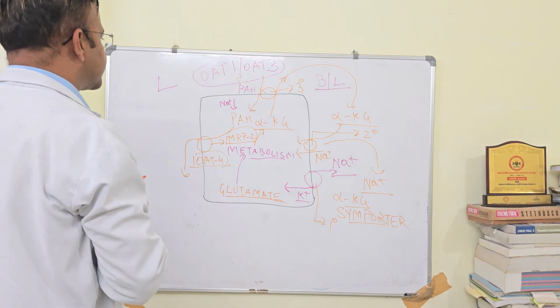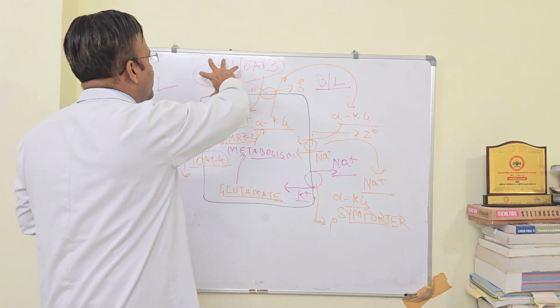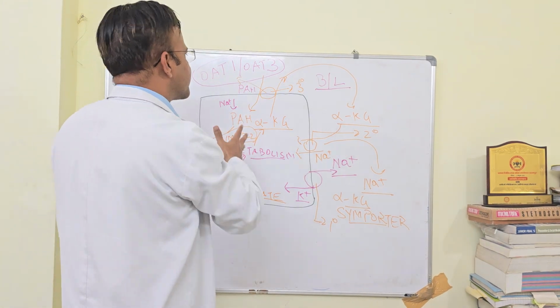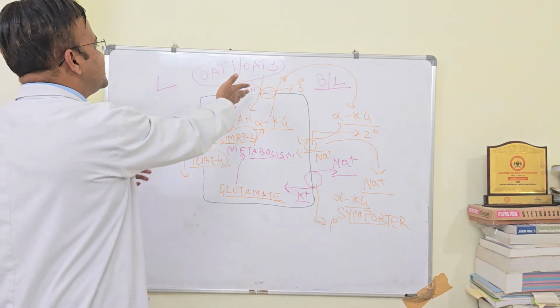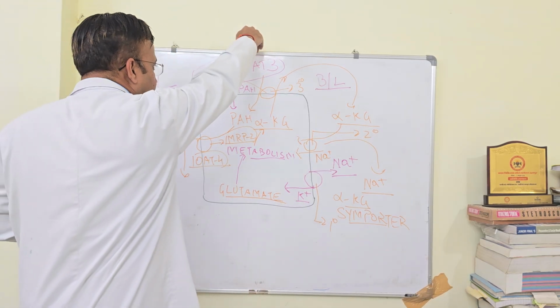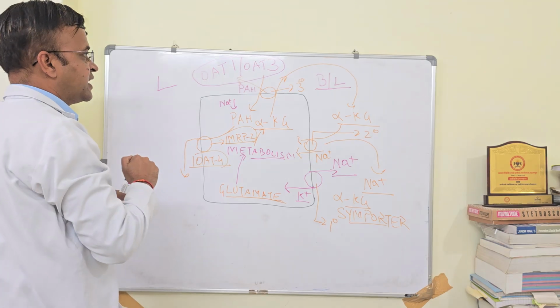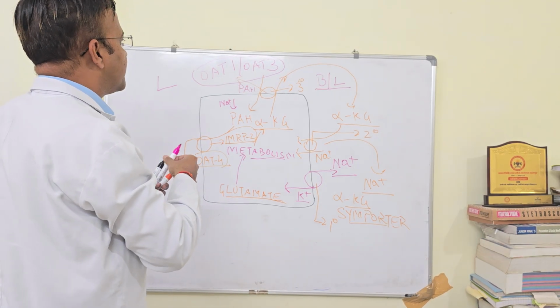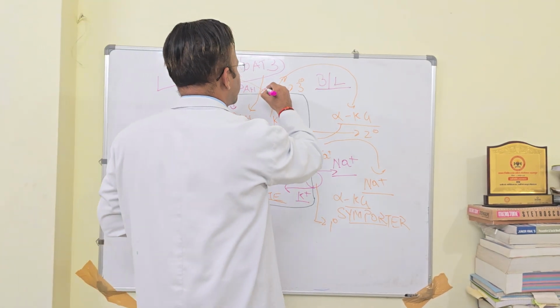Now the clinical significance is that this OAT1 and OAT3, the multiple drugs actually compete with each other for the same transporter, right? Now what are the drugs which actually compete for the same transporter?